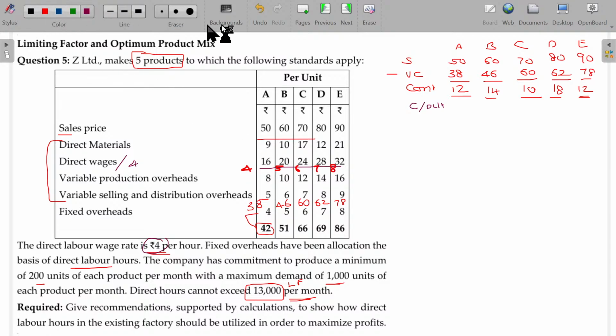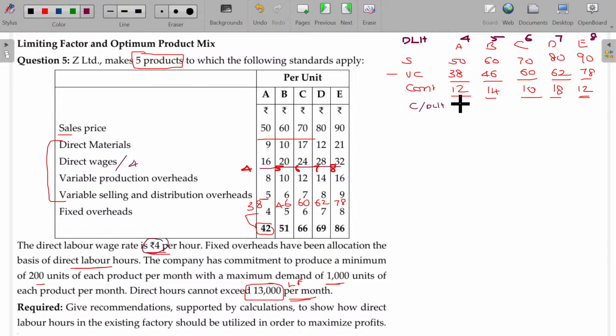So 4 hours, 5 hours, 6 hours, 7 hours, 8 hours direct labor are required. Now if I divide the contribution by the direct labor hour, then automatically what you will get? Contribution per direct labor hour.